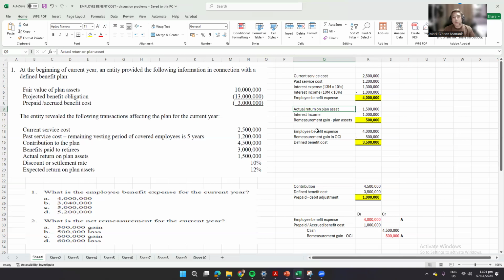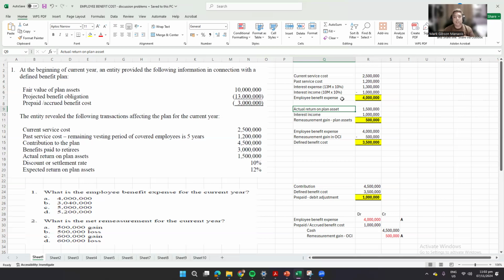Now, in terms of computing your defined benefit costs, it's just the total employee benefit expense, plus the remeasurement loss, less any remeasurement gain recognized in OCI. Okay, sige. Now, let's apply it to problem number 1.